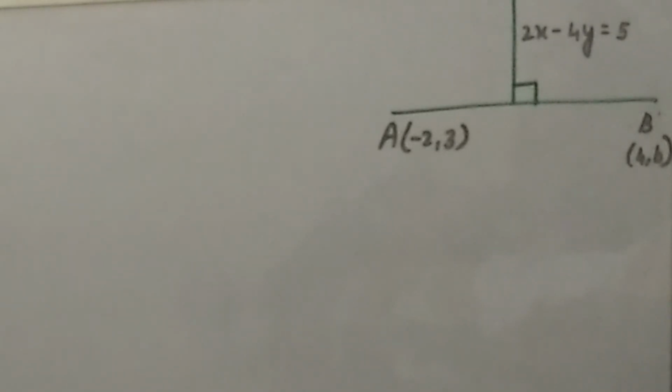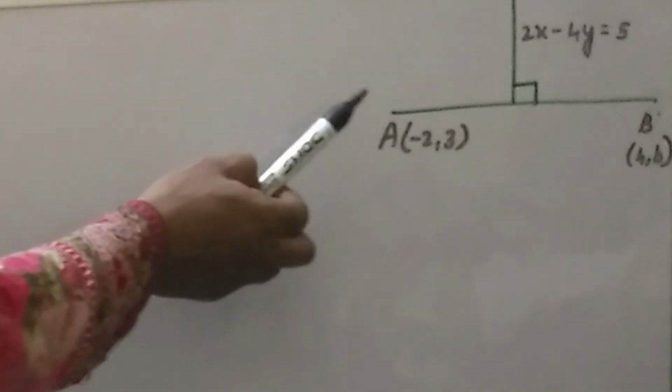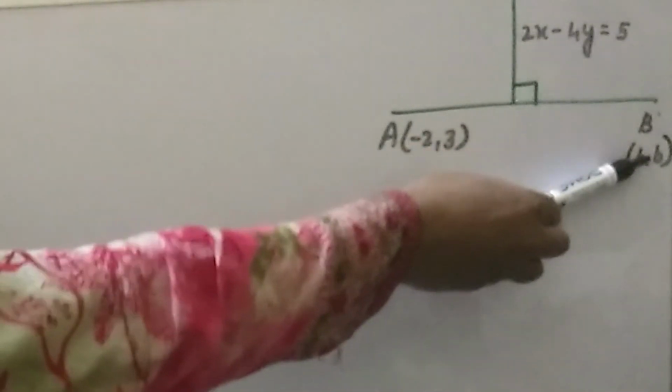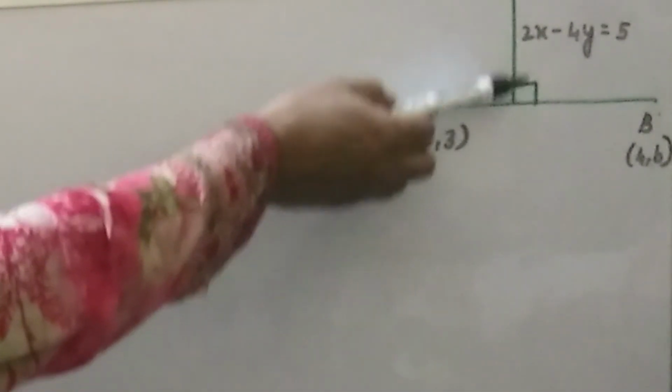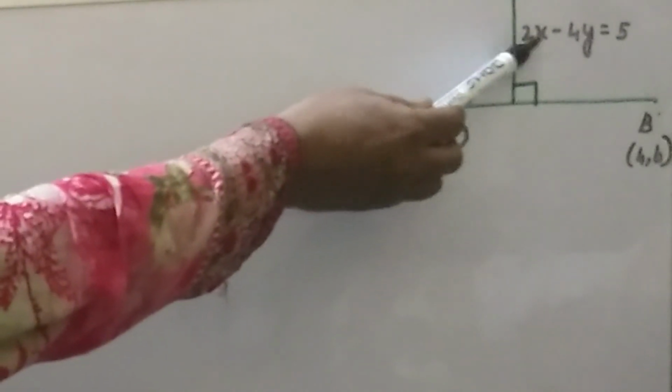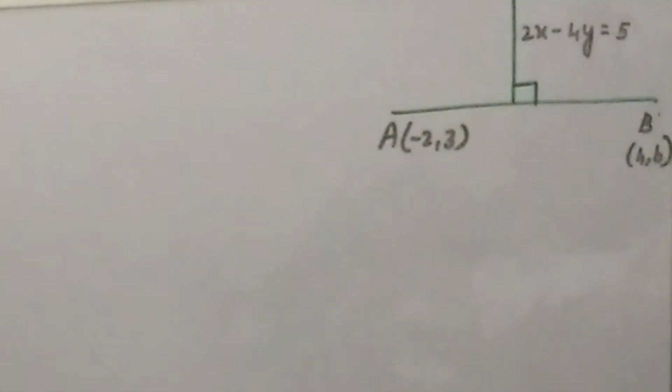Question number 11. A line through A(minus 2, 3) and B(4, b) is perpendicular to the line 2x minus 4y is equal to 5. Find the value of b. So, the line through A and B is perpendicular to the other line 2x minus 4y is equal to 5.